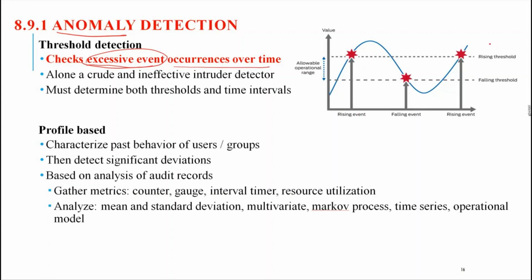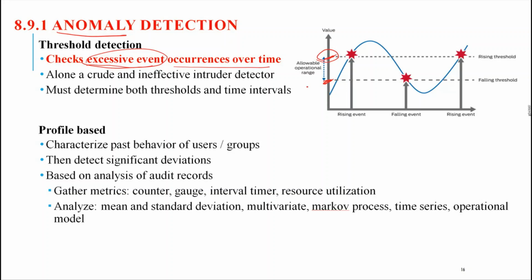I just inserted a picture here to explain. In a network, I expect a maximum number of packets in 1 minute and a minimum number of packets in a minute. I am going to fix these. These are called threshold values. So I fix the threshold values.